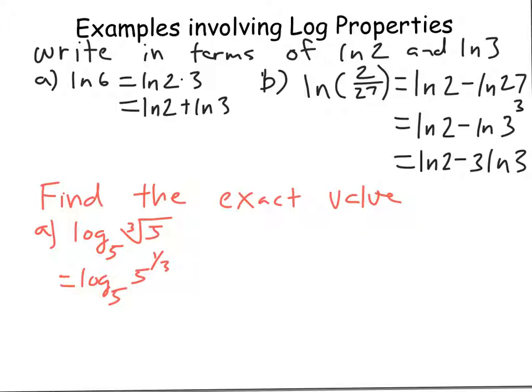Like right here, the first thing I want to do is to take that cube root, switch it to the 1/3 power. Because then what I get is a log base 5 and an exponent of base 5 cancel, and I'm just left with 1/3. That problem actually didn't use any of our new properties. It used the old one that a log and an exponent of the same base will always cancel each other out.